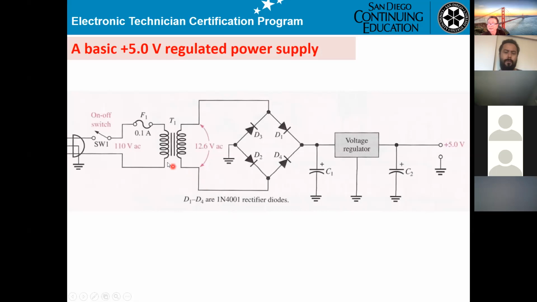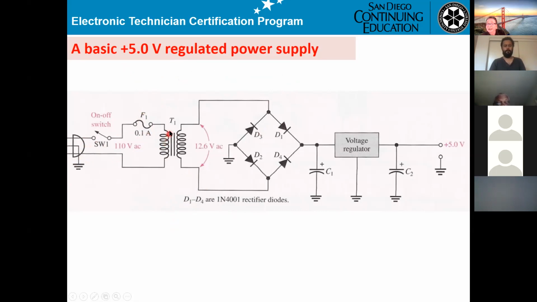Okay, now what is it here? A 5-volt regulated power supply. This will show you the 5-volt power supply. First thing, you get the switch here, you understand. Connect 120 volt. Go to the transformer. This is the fuse, maximum 0.1 ampere. More than that, the fuse will open.